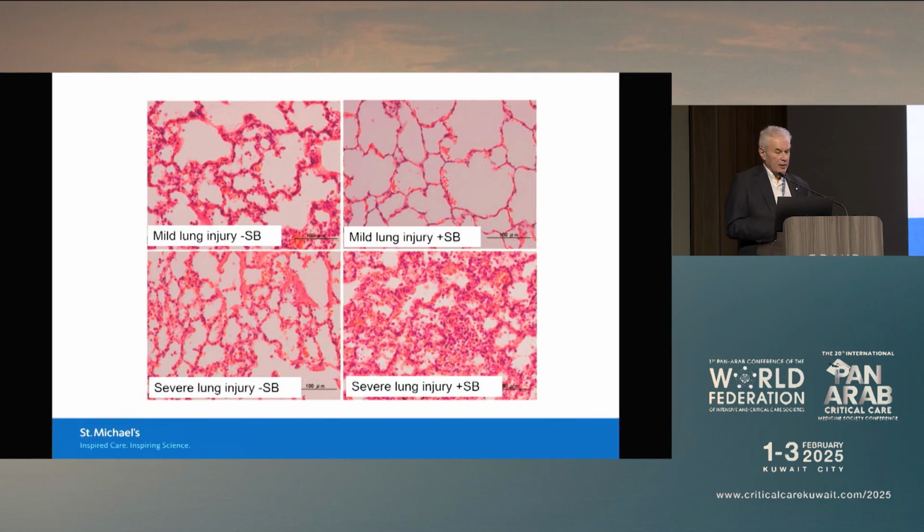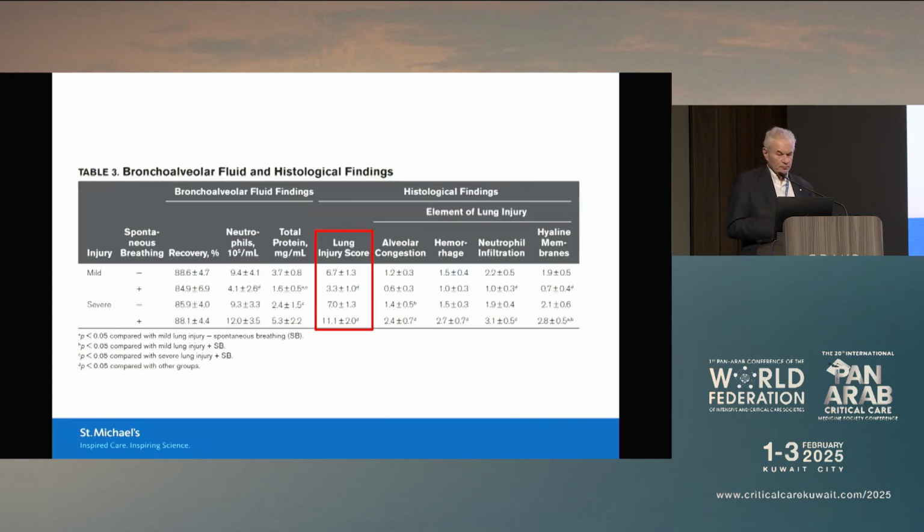However, the result is dramatically different when the animals have severe lung injury. On the left at the bottom, you can see severe lung injury, a mechanically ventilated animal. You can see injury, but when the animal breathes spontaneously, you can see that the injury is much, much greater. That's the picture at the bottom right. When they quantified this, you can see the results, the lung injury scores.